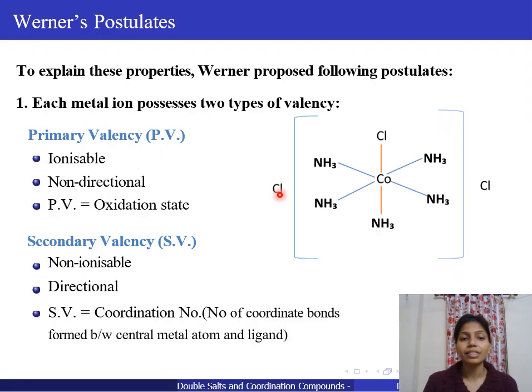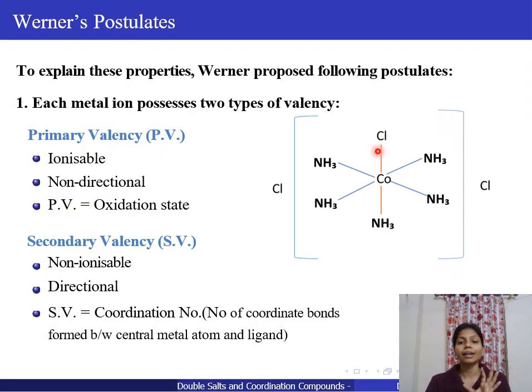So how can you find out the primary valency? By calculating the oxidation state of the metal ion. That way primary valency can be obtained. And secondary valency, he said, is non-ionizable. You see here, the ammonia ligands and the chloride ligand inside the square bracket are not ionizable, because they make a strong covalent bond, right?